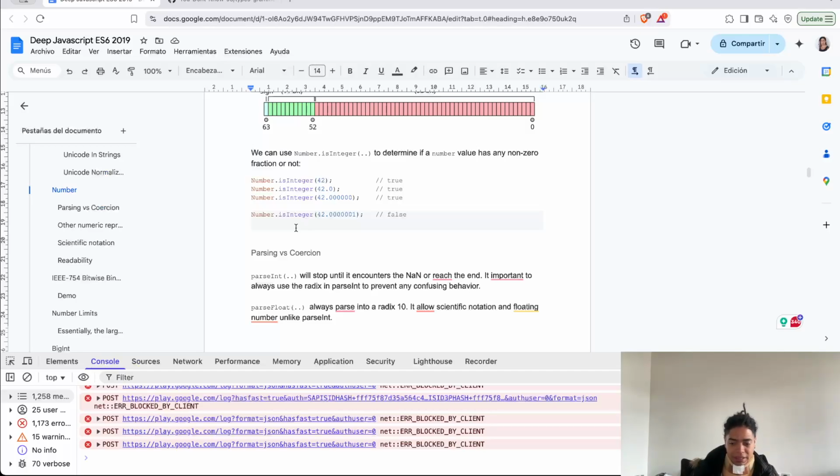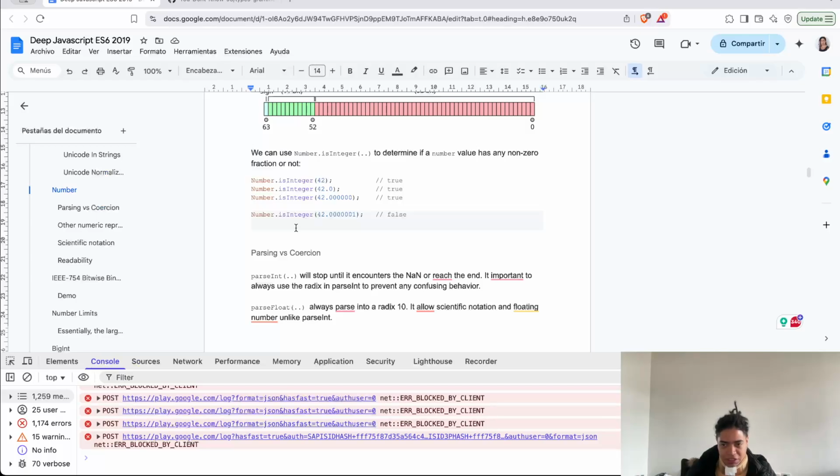The parsing and coercion thing is important because parsing is how a value is going to be converted to a number, when you have a string, as long as each one of those characters is a valid representation of a number.